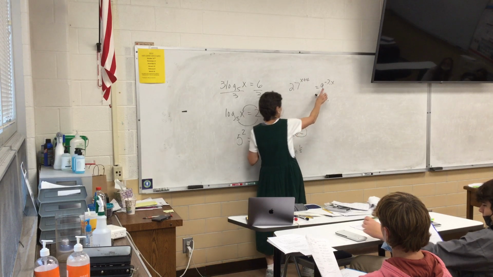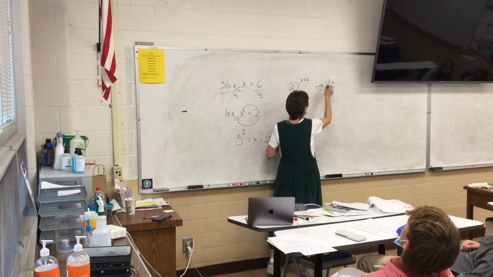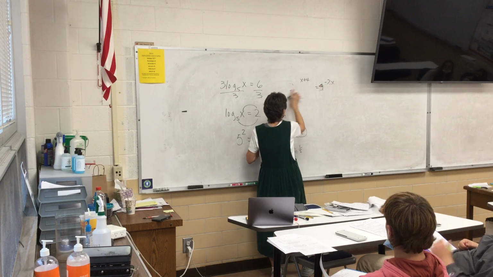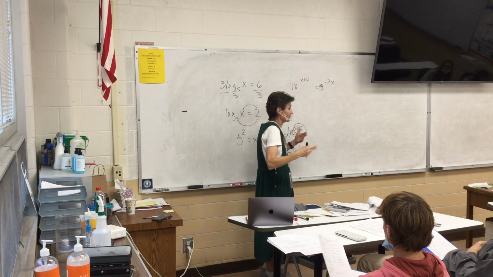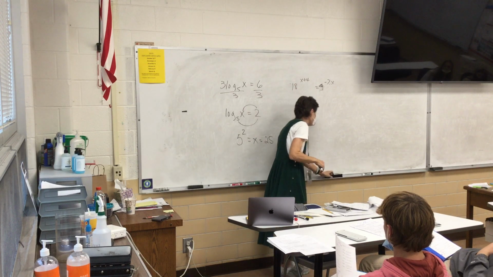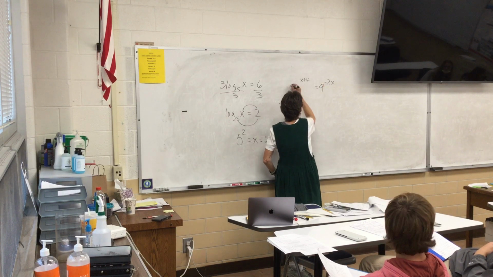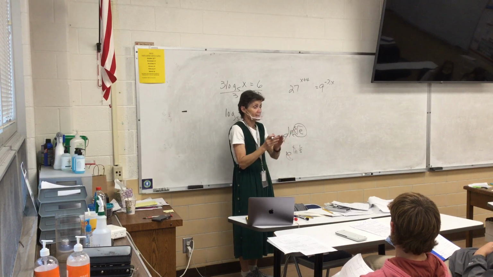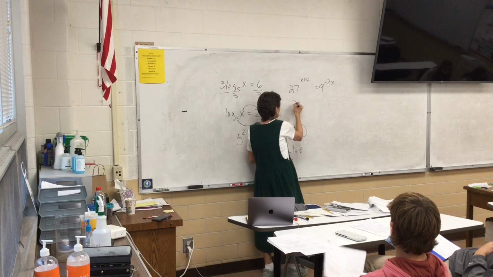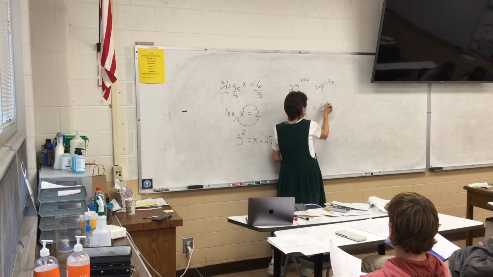If this number had been an 18, you can't do anything, you need a calculator. The only time that you can do this without a calculator is if you can make them both the same base. So this is 3 cubed, and this is 3 squared.